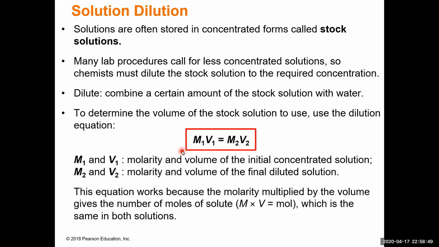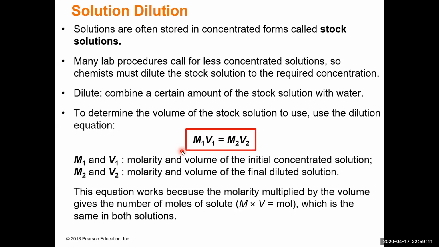The reason that this equation works is that if you multiply the molarity with the volume, that gives you the moles of solute. If you're adding water to your solution to dilute it, you are not adding any more moles of solute.